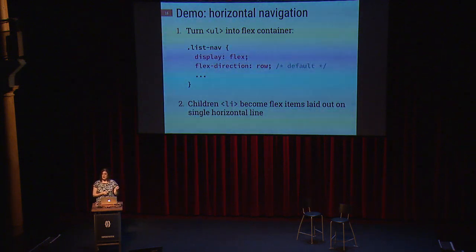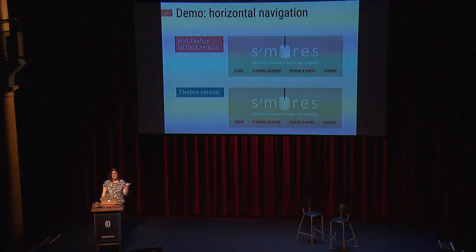Setting display to flex also automatically sets flex direction to its default value of row, which controls the flow direction of the flex items within the container and sets that main axis that they lay out on. So even if I left off this second line, the children LI would become flex items laid out on a single horizontal line. And so far, nothing has changed in appearance by adding Flexbox. I still just have a centered nav.